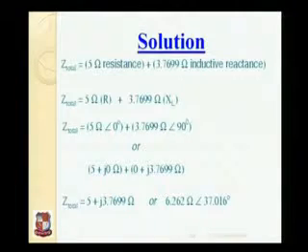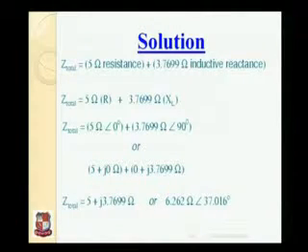Or you can rewrite it like this: 5 plus j0, where j0 means the imaginary part is 0, plus 0 plus j3.76, where 0 means the real part of this portion is 0, because it is on the y axis. So it is 0 plus j3.76 ohm.